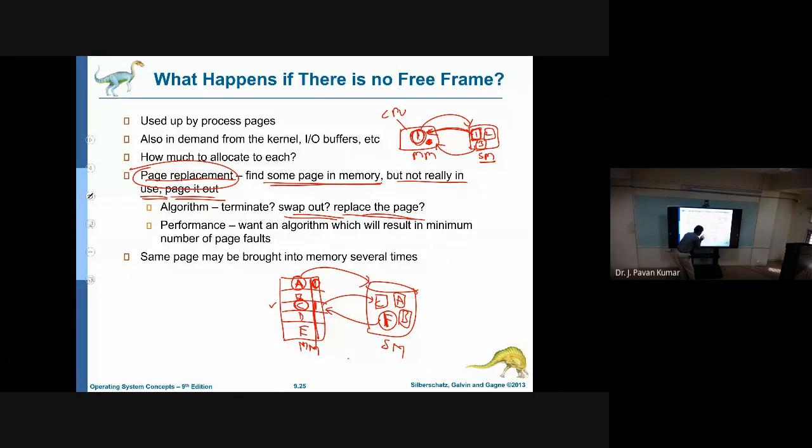That means we haven't modified this page A. So whenever we want to bring F into this particular frame, we need not copy A back to secondary memory. Why? Because A is already present in the secondary memory. So A need not be copied back from the main memory. Got it? So we use one bit called the modify or dirty bit.